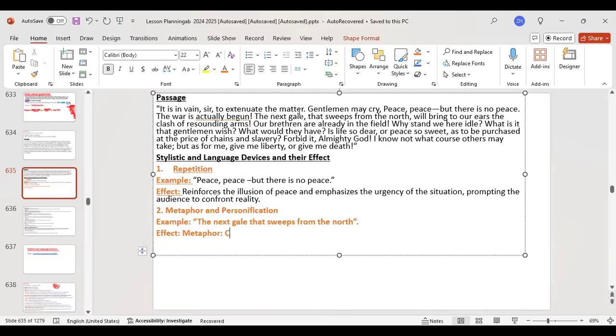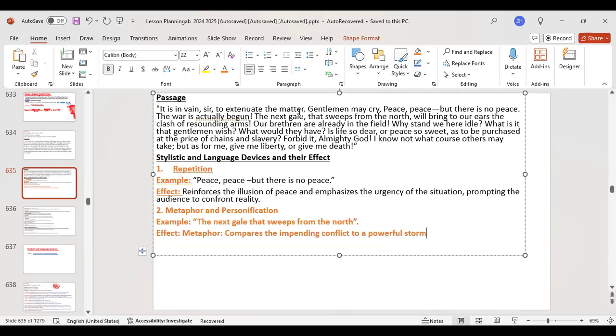So he compares the impending conflict to what? To a powerful what? A powerful wind, or a gale, or a powerful storm, right?